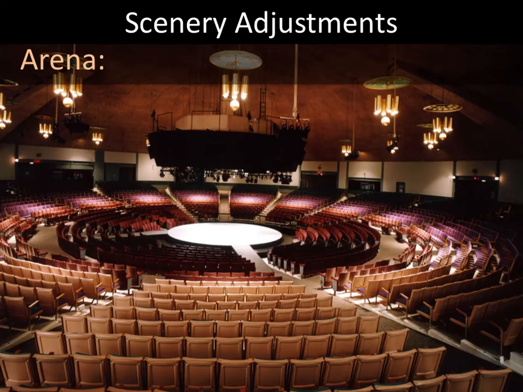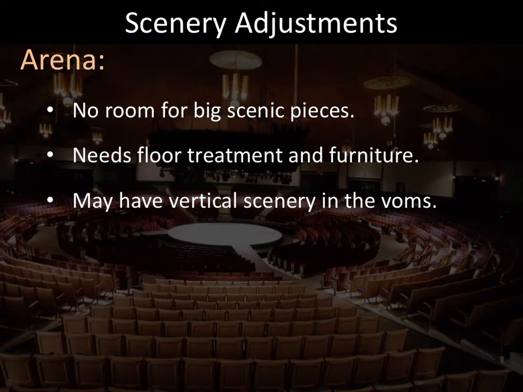Okay, let's move along to talking about how the scenery has to be adjusted for these three different arrangements. In the arena theater, it's pretty obvious there's no room for big scenic pieces. There's no ability to put walls on stage, doors on stage.